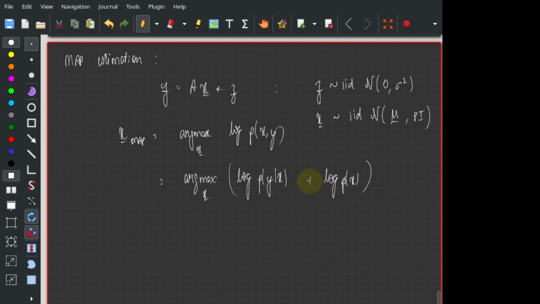We know that each of these functions is convex or concave in this case. Log p of y given x is concave. Log p of x is also concave. And one thing to note is that the MAP estimate could be different from the ML estimate.